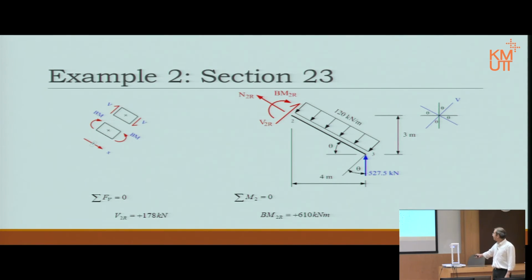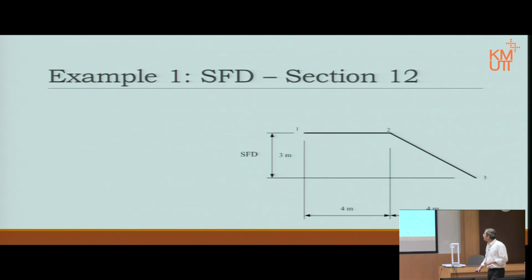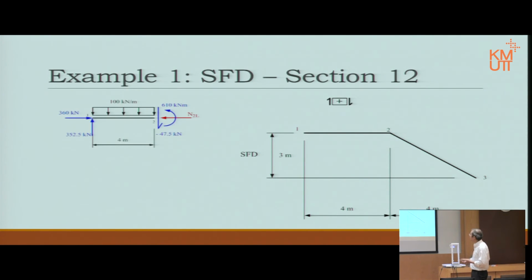Okay, next. Now, the shear force diagram, again, we're going to draw it according to the free body diagram. Between 1 and 2, this is the full free body diagram with the sign convention, and I did not calculate N because I'm not using it, so I leave it as unknown.